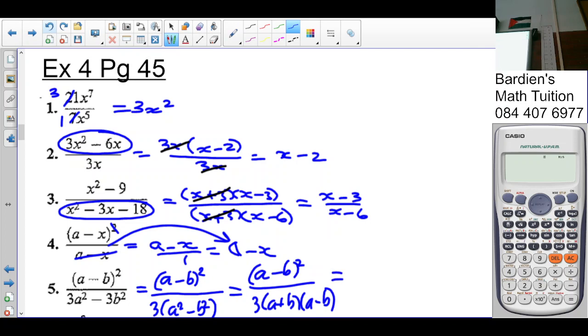So again, a minus b cancels with one of the two on top. We're going to leave you with a minus b over 3 into a plus b. Or you could have said a minus b over 3a plus 3b, if you want to multiply the 3 out. But that would suffice for your full marks. Okay? You guys okay with that?